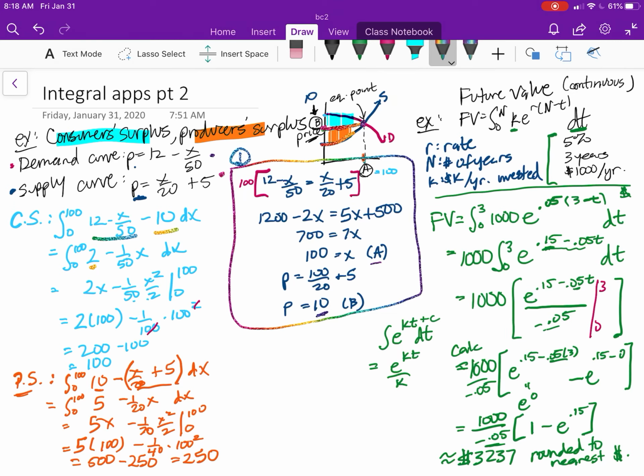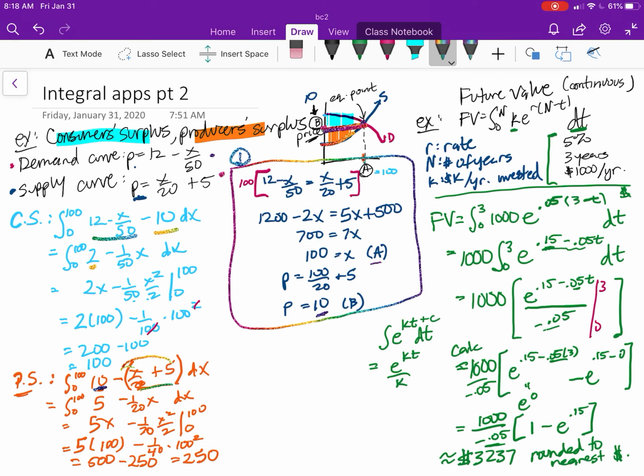The producer surplus, it's backwards, right? We need the area under that price, the 10, subtract the supply function here, the lower curve. In my video, I'd actually messed up. You don't get to see that, but that's okay. I did not put parentheses here. Bad mistake, right?